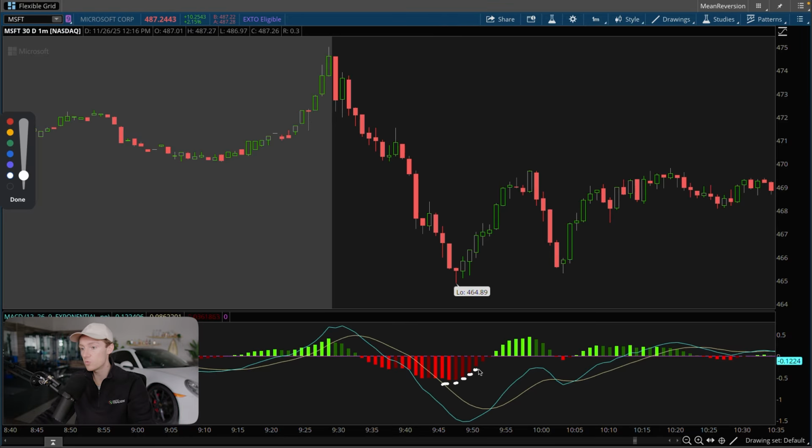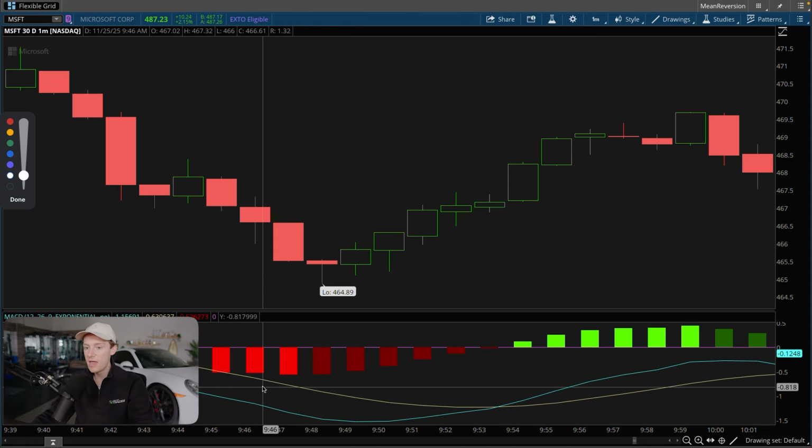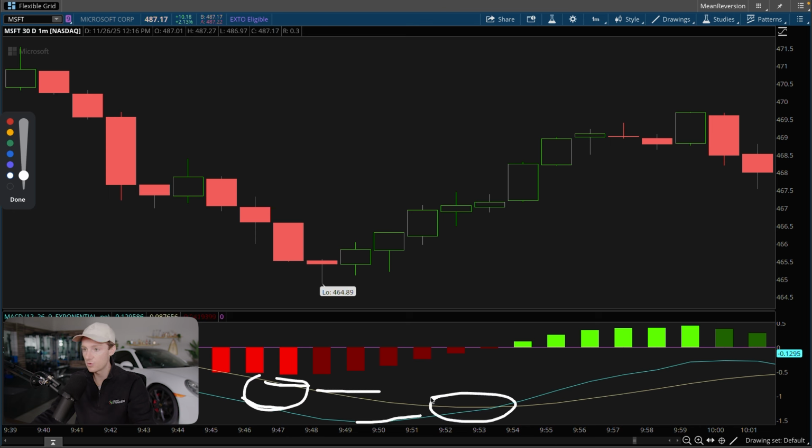We'll see that downwards momentum in this case start to slow down as those bars get smaller. And we could see how we go from pretty wide apart and then they start to come together, they start to converge, and then we get the cross here. And at this point, the buyers have taken over and they're pushing this thing back up. So let's go ahead and let's lock in profit on that short.